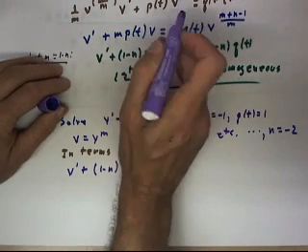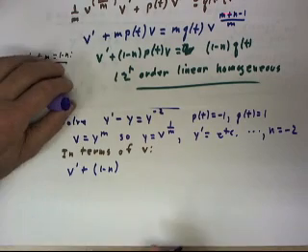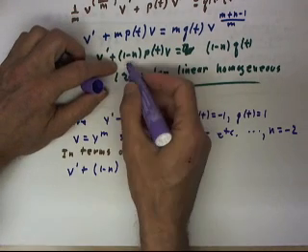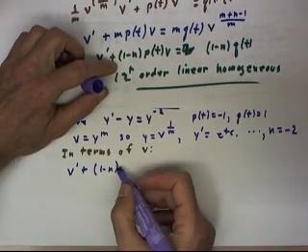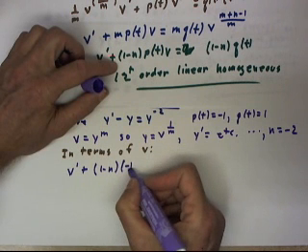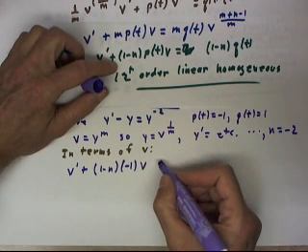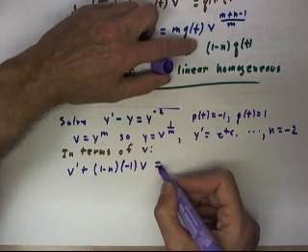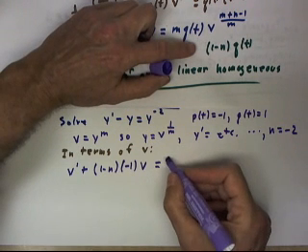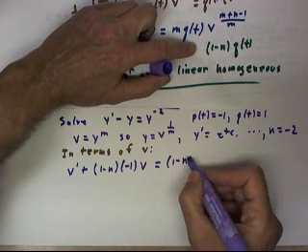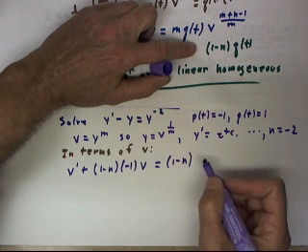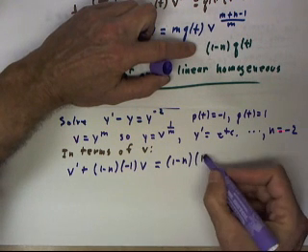Okay, so now we can substitute back here. So we got 1 minus n times p of t, which is in this case negative 1, times v, and that equals 1 minus n times q of t, which is 1.